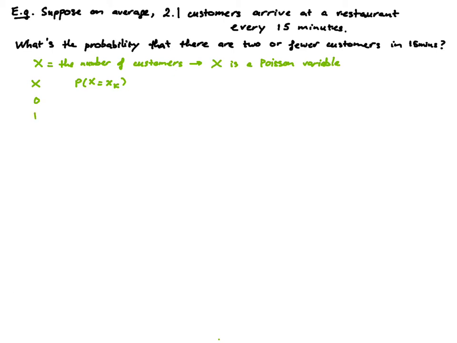There could be one person who shows up. We could have 2 people, 3 people, 4 people, and so on and so forth, right? So the table goes on forever. And associated with each of these numbers is a probability.